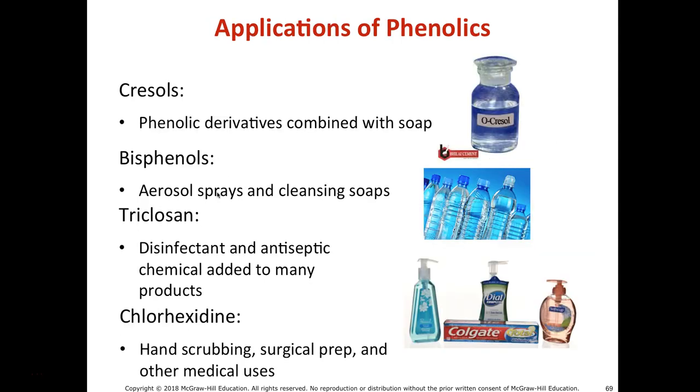So examples of phenolics would be cresols that we saw beforehand. It is a derivative from a phenolic, and we combine this with soap in order to use it in a healthcare field. Next, we have our bisphenol, and this is usually used as an aerosol spray and cleansing soaps.